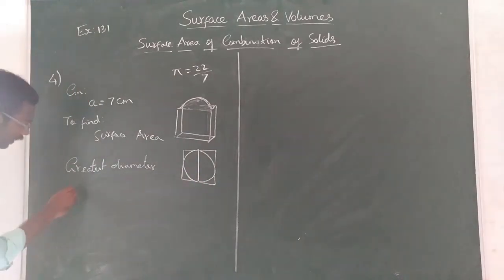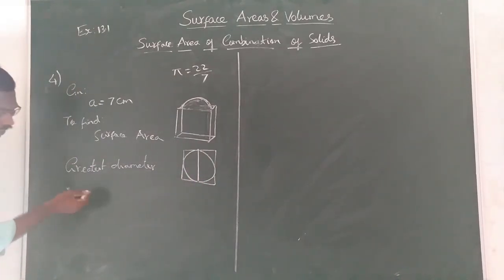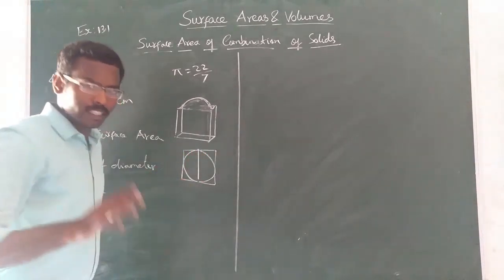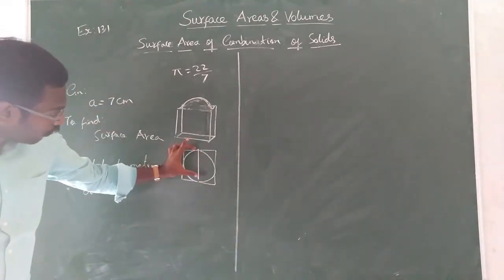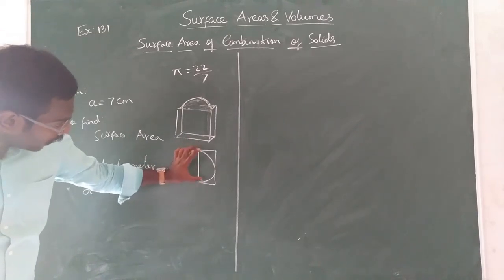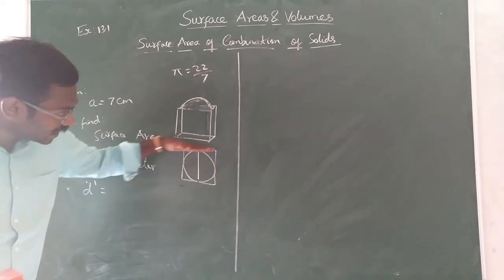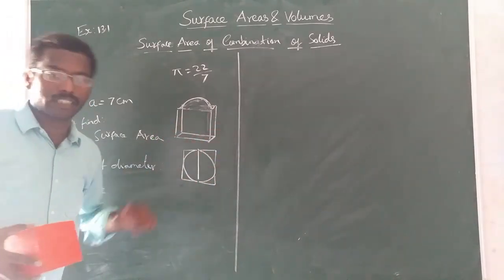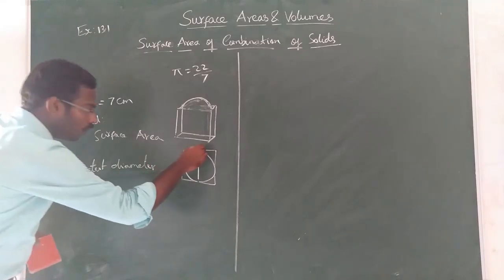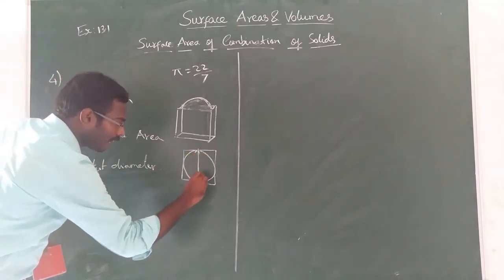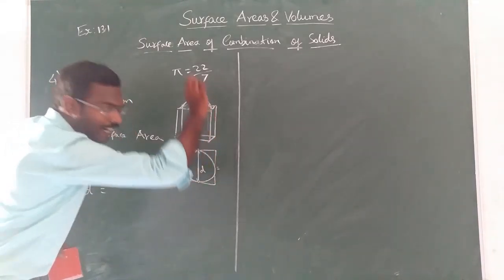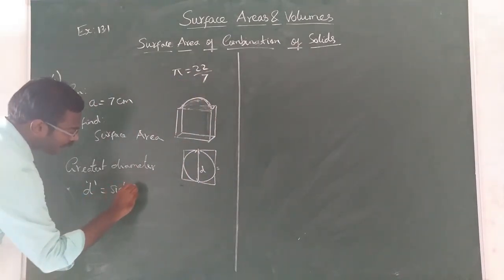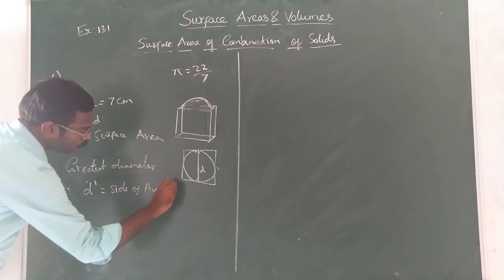So greatest diameter D, you can take small d or capital D. This circle will fully touch this side and this side also, touching the edges of the square, the face of the cube. Understood? So if it fully touches, then the diameter will be equal to the side of the cube.